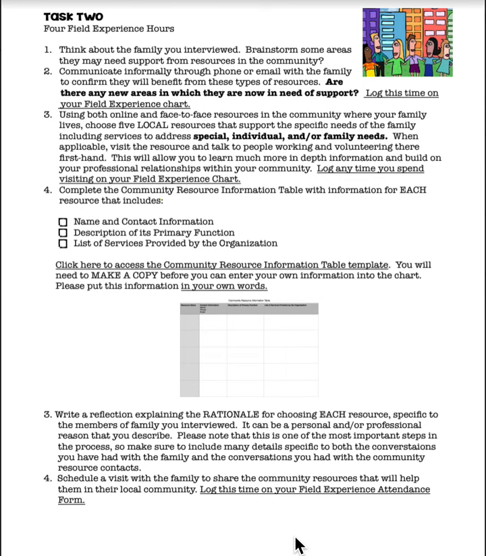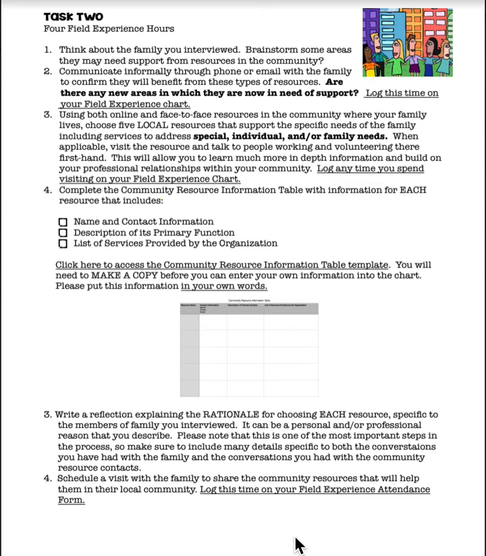We're looking for 5 resources. So a search online may get you started, and you really want to focus on the community that they live in. So if you don't live in the same community as they do, you want to go back to their community to find these resources.